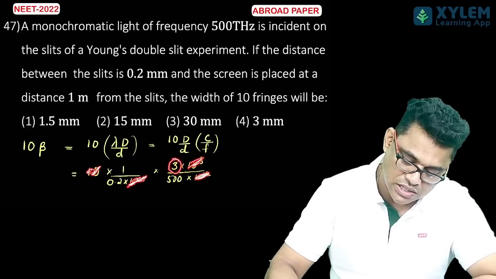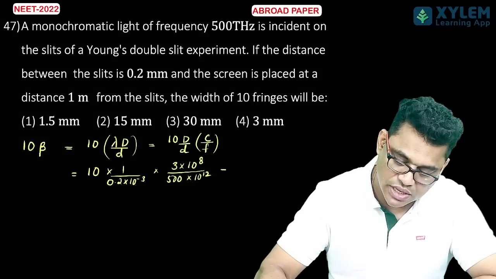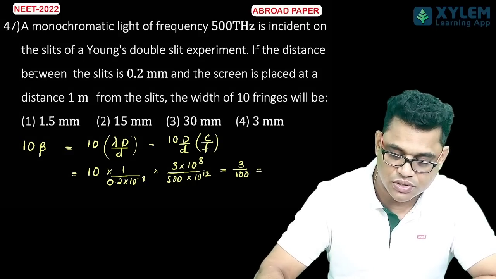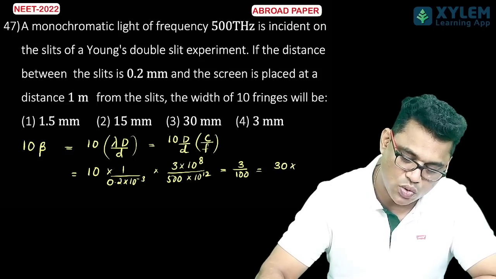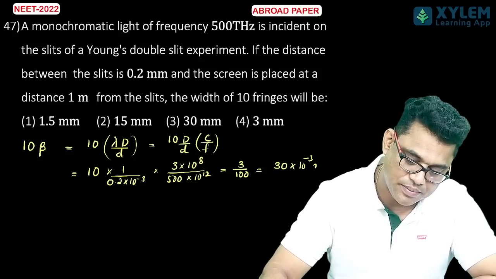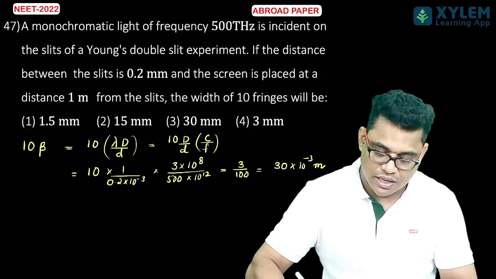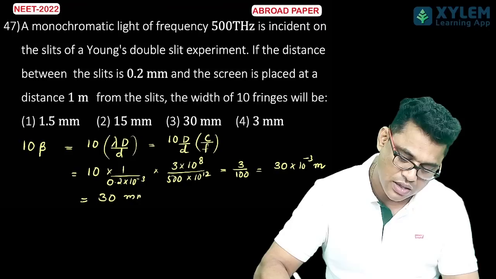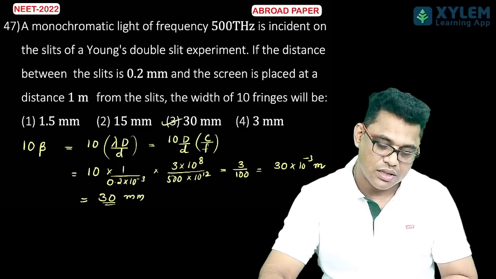What you are going to get is 3 divided by 100. So, this answer is nothing but 3 divided by 100, which is equal to 30 into 10 to the power minus 3 meter. Isn't it? 30 into 10 to the power minus 3 meter is 30 millimeter. So, the answer is 30 millimeter. The option is 3.